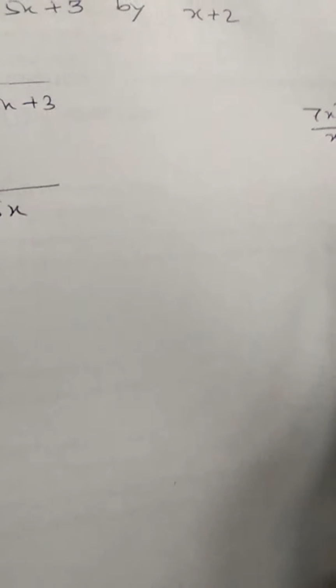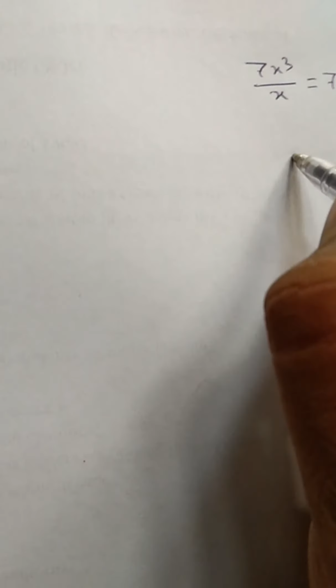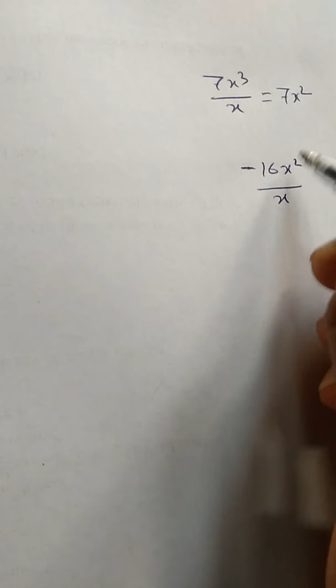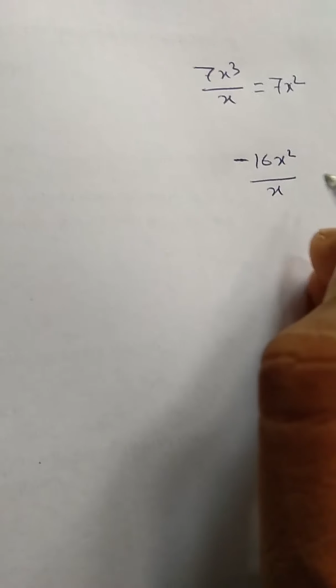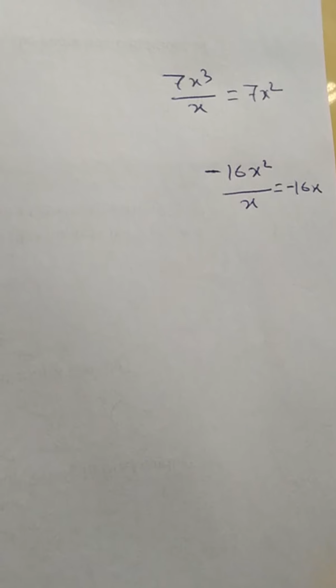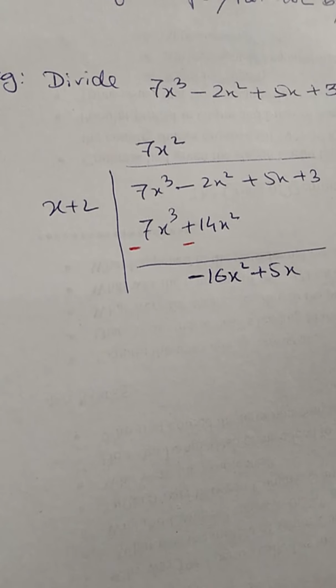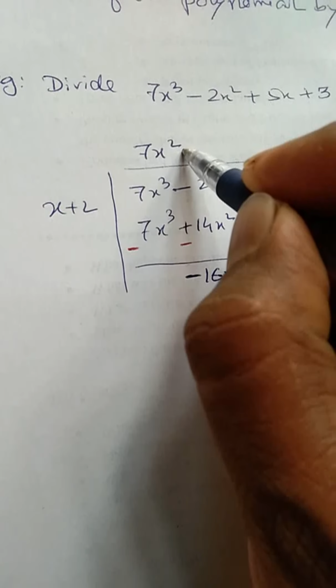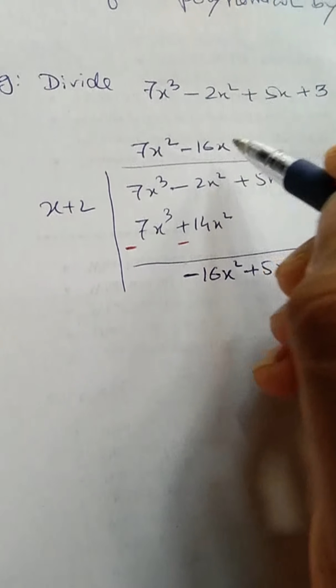So minus 16x square divided by x: if we cancel 1x, minus 16x is left out, so in the quotient we'll have to write minus 16x.